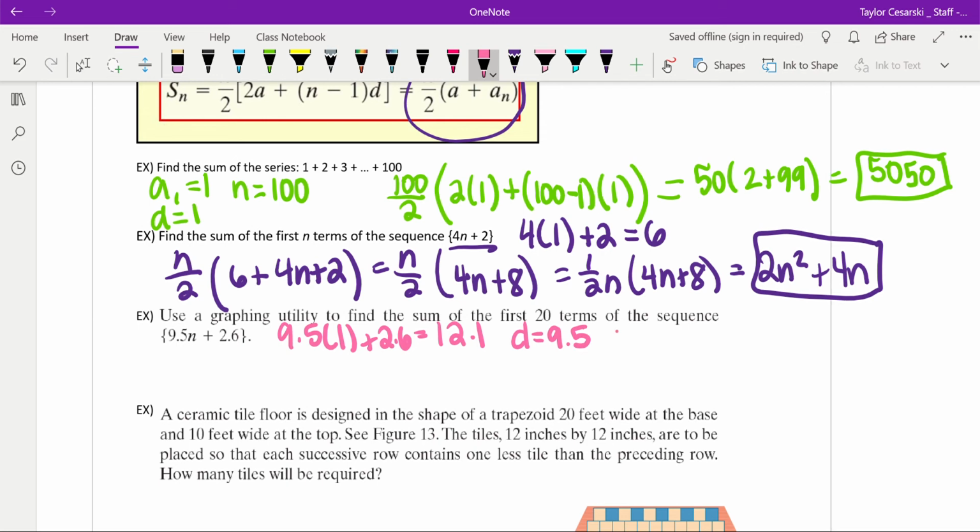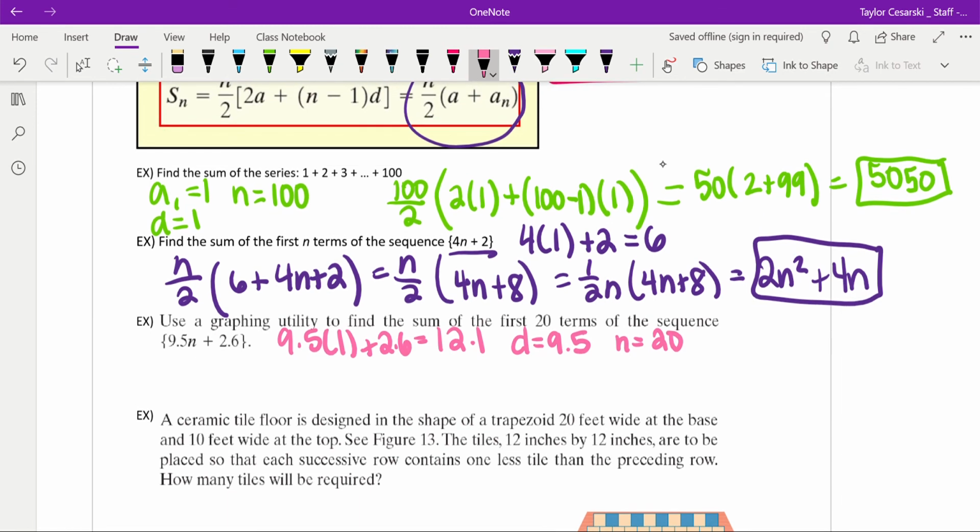And n equals 20, because that's your number of terms. So we have 20 divided by 2, times 2 times 12.1, plus 20 minus 1 times my common difference, which is 9.5.